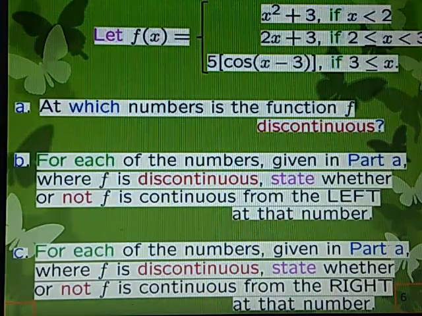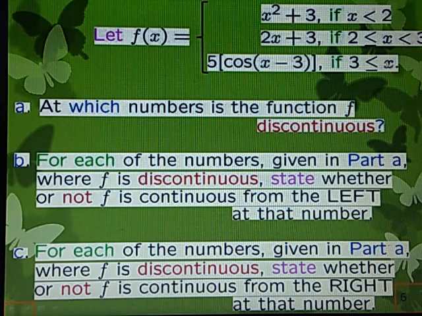Okay, another example which helps us understand it better. See this one. f(x) is x square plus 3 if x is less than 2. So for every x which is smaller than 2, 2 not included, f(x) will be x square plus 3. In the same way, when x is equal to 2 or greater than that, but less than 3, the function is defined as 2x plus 3.